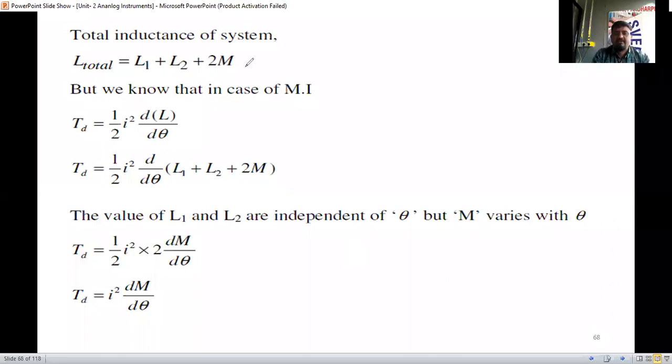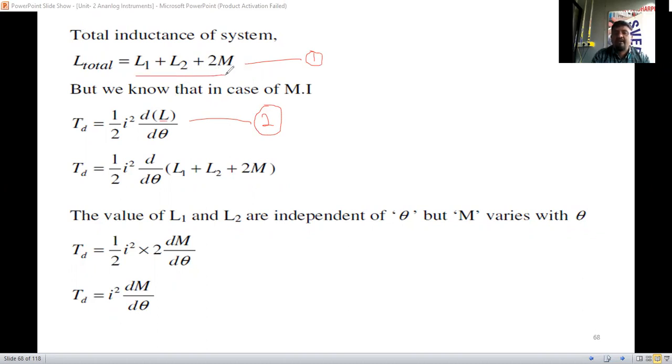This equation I will consider as equation number 1. The torque developed in the moving iron instrument I will consider as equation number 2. Substituting equation number 1 in equation number 2, in place of L you substitute L1, L2 and 2M.